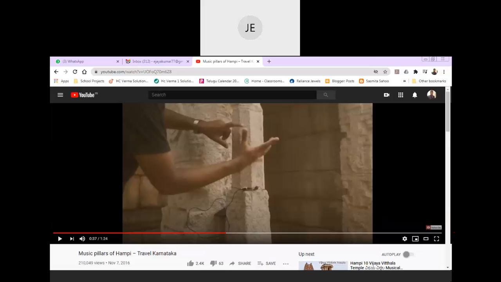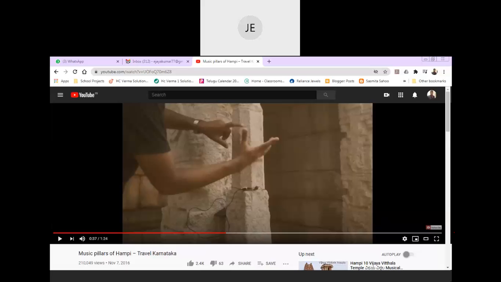Once again, I repeat: there is a musical pillar temple located in Hampi, Karnataka. When you make these pillars vibrate, sound is produced, and certain sounds result in certain kinds of wave patterns.